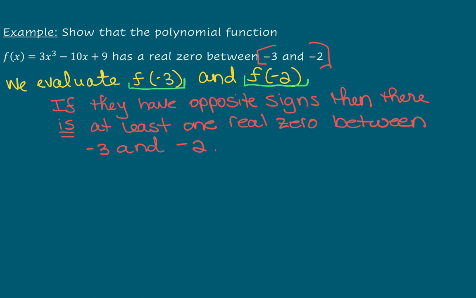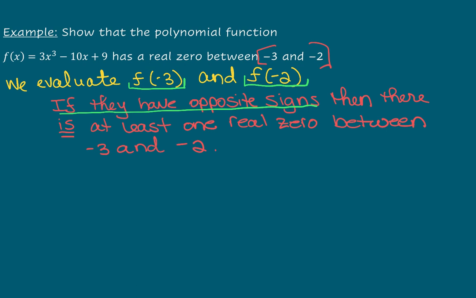And what we're going to do is look at the result and ask ourselves, do these have the same sign or do they have opposite signs? If they have opposite signs, then there is at least one real 0 in between them. If they have the same sign, then that means we didn't change signs, so there is no real 0 in between them. So that's what the intermediate value theorem tells us, okay?